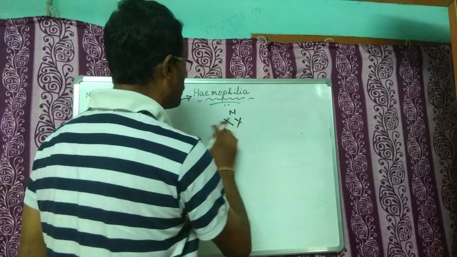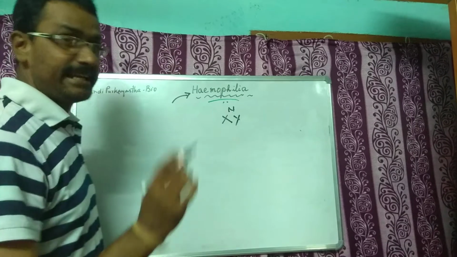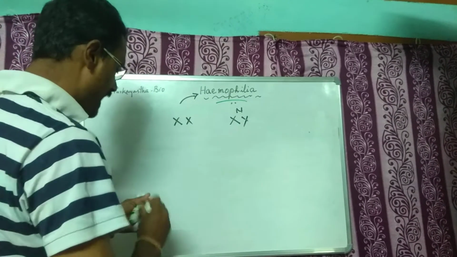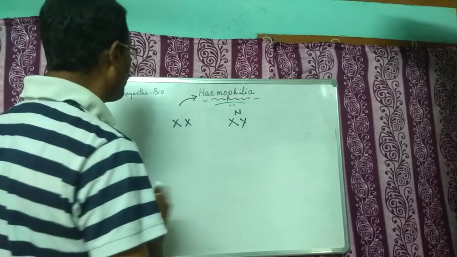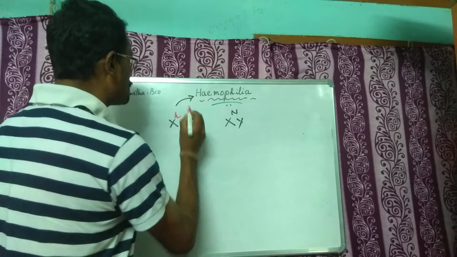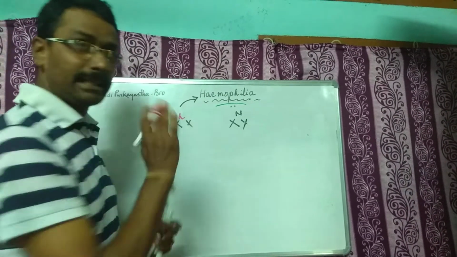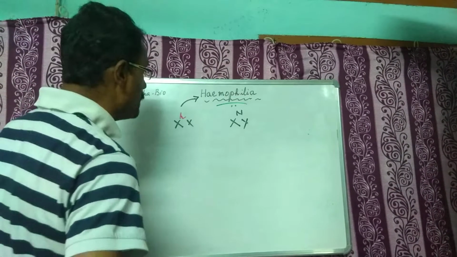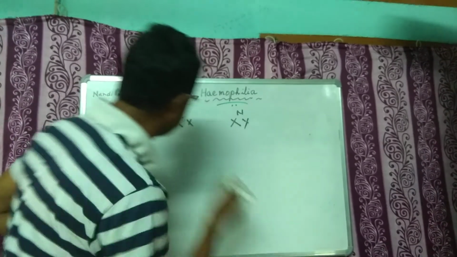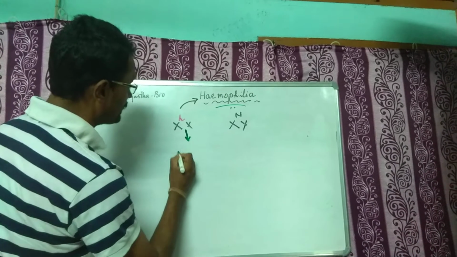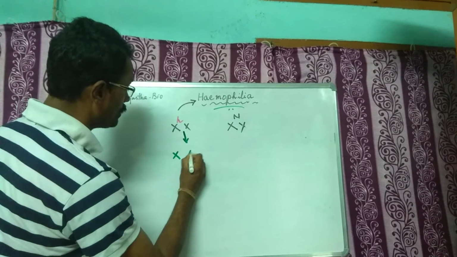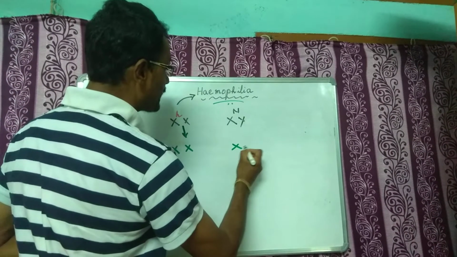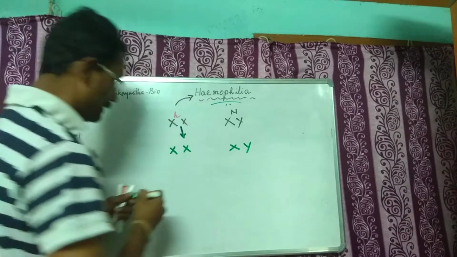This one is normal because there is nothing written in red here. In the case of the female, X, X, and here you are finding H. This one is normal. Now it will be producing gametes, two types of gametes. Here H will be there, and here it will be X, Y.